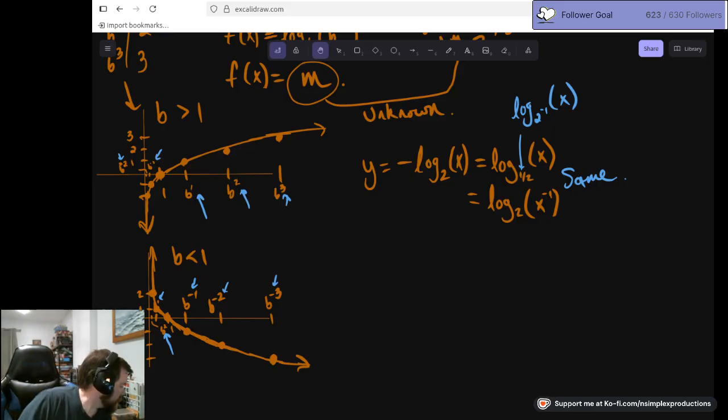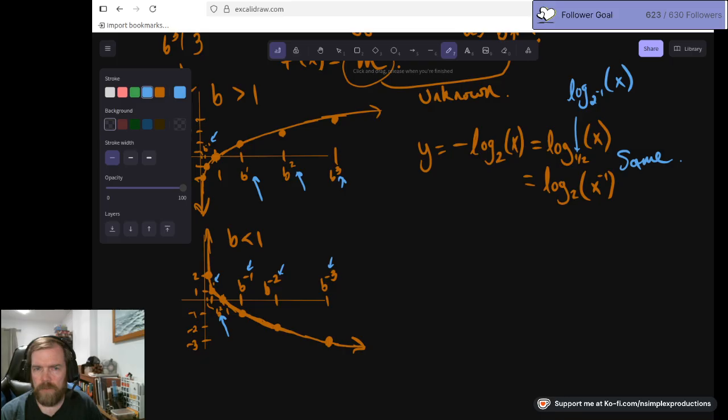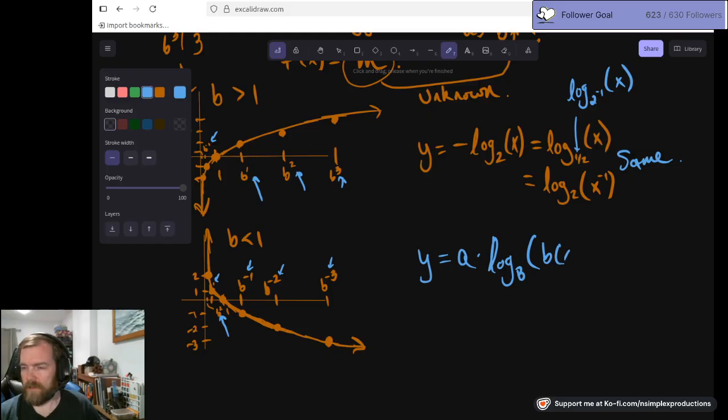Then there's also the graphing method that I use, which typically is going to be something like y equals a times the function in particular that we're using. Oh no, can't use that b. Capital B for base, of b times x minus c, plus d on the outside.